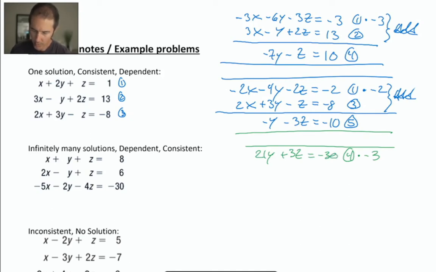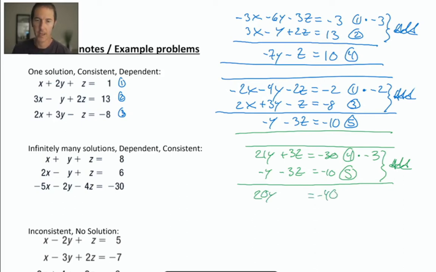And then we'll use equation 5 as it is. That's a negative y minus 3z equals negative 10. And then I'm going to add those together. As a result, the z terms are going to cancel out, and we're left with 20y equaling negative 40 on the right-hand side.